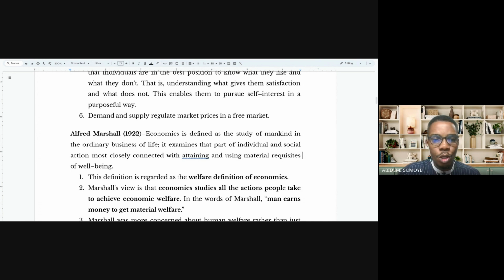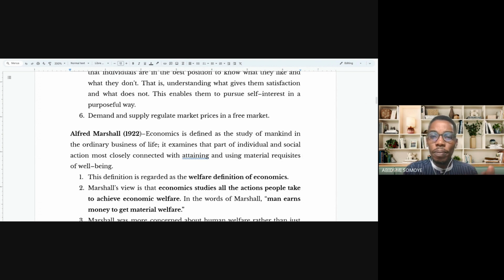You look at the first part, this definition is regarded as the welfare definition of economics. Marshall's view is that economics studies all the actions people take to achieve economic welfare. In the words of Marshall, man earns money to get material welfare. And this is simply basic.